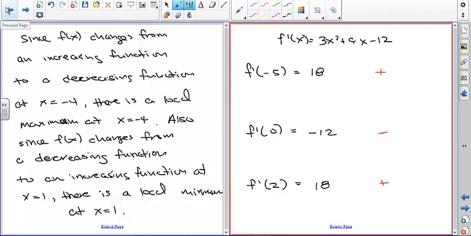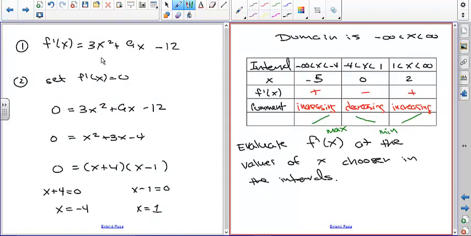Now, if I said f prime of x was x squared plus 3x minus 4, I'd get not the same derivative values, but I would get the same signs. And so it really wouldn't matter whether I use this to calculate f prime of x at these values.